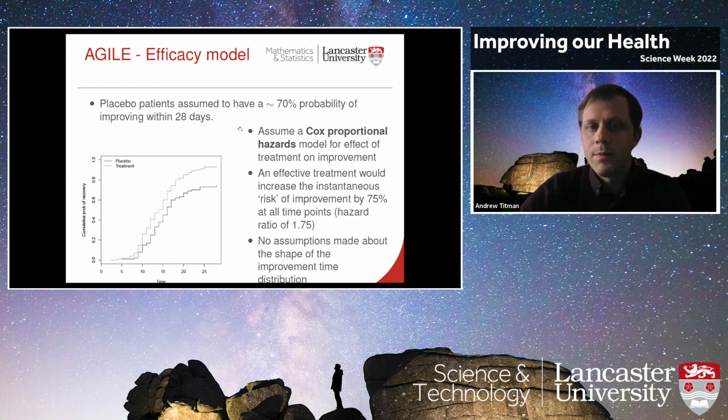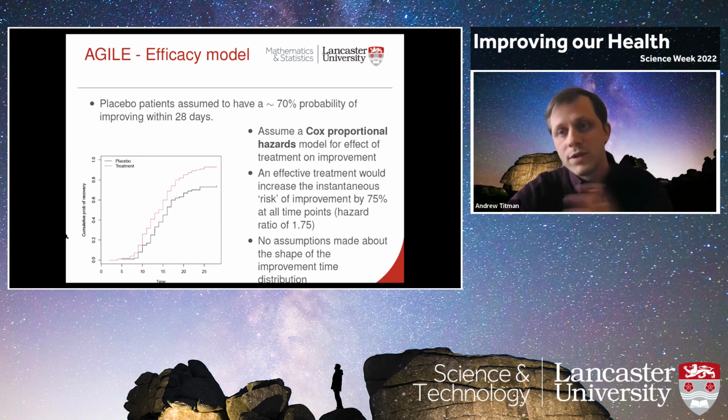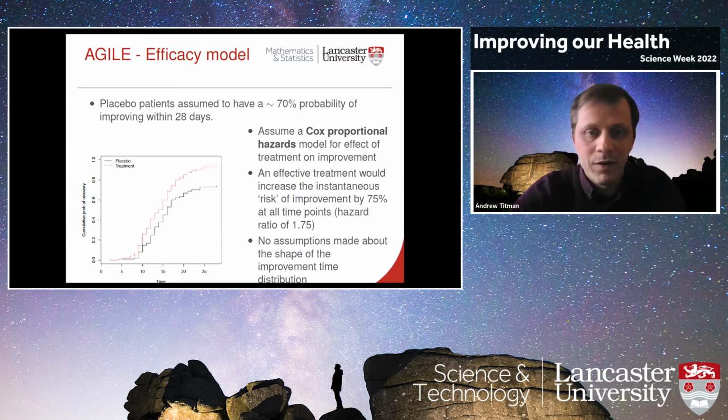So the idea is they're evaluated each day, and if they've improved by at least 2 points by a particular day, that's their endpoint. They get to 28 days without improving, then they'll be censored at 28 days. If they die within the 28-day period, that would also be treated as effectively their improvement time is infinite. So it's equivalent in this case to taking it as 28 days effectively.